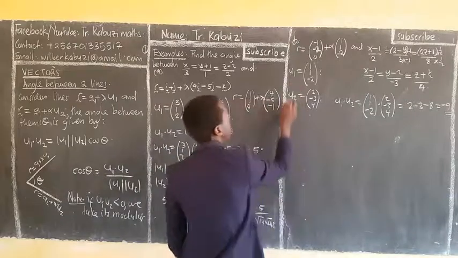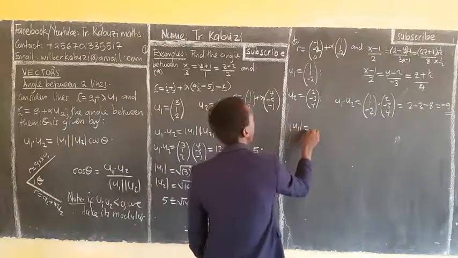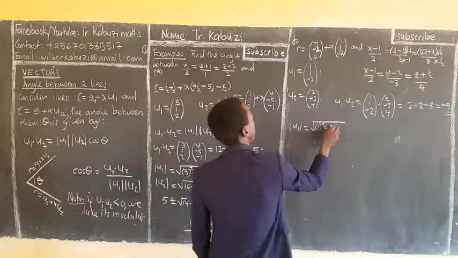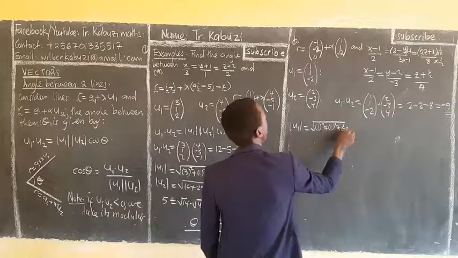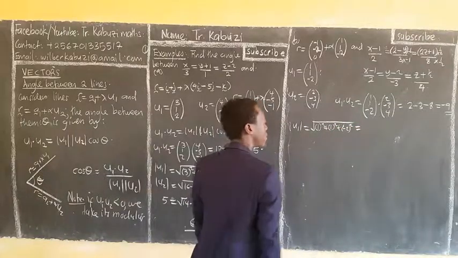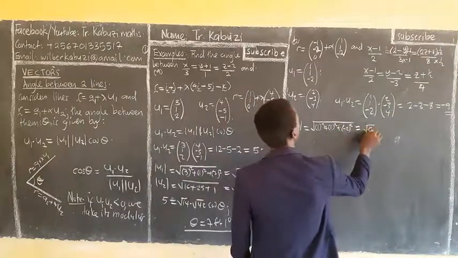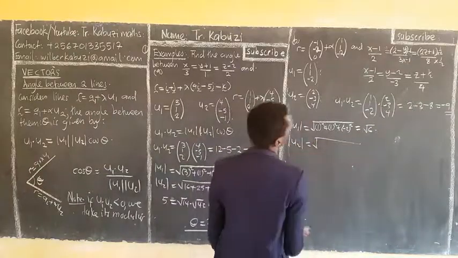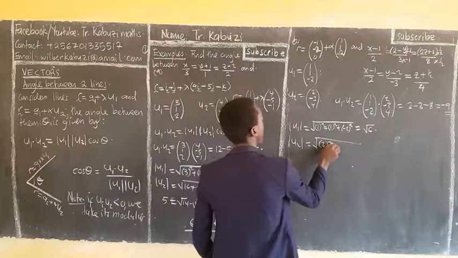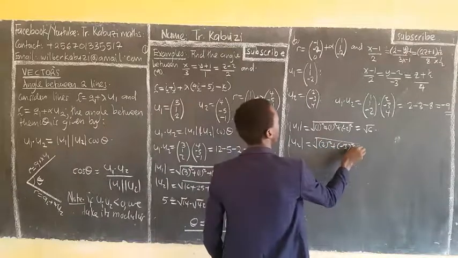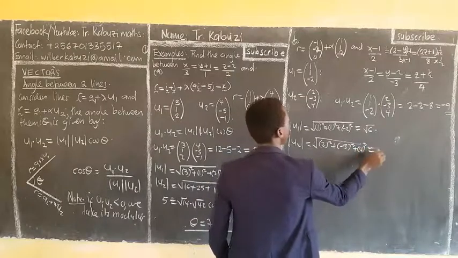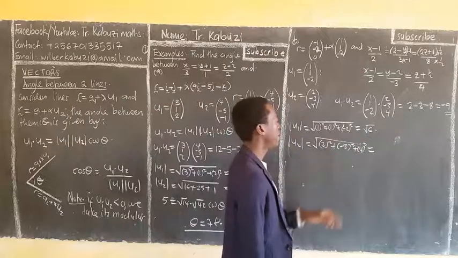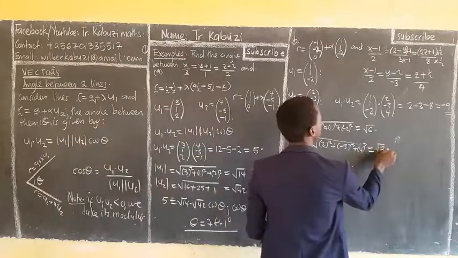Then the modulus of u1 will be the square root of 1 squared plus 1 squared plus negative 2 squared, which is 4 plus 2, root 6. Then the modulus of u2 will be the square root of 2 squared plus negative 3 squared plus 4 squared. This will be 16, then 20 plus 9, which will be root 29.